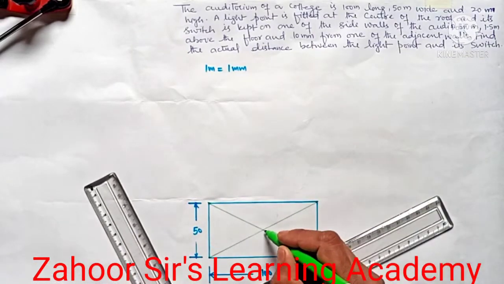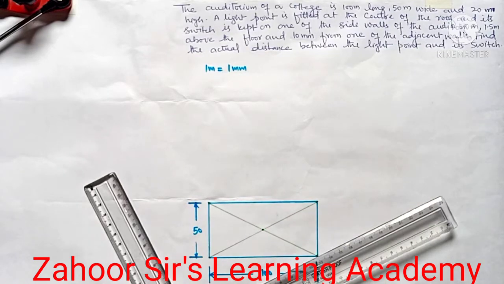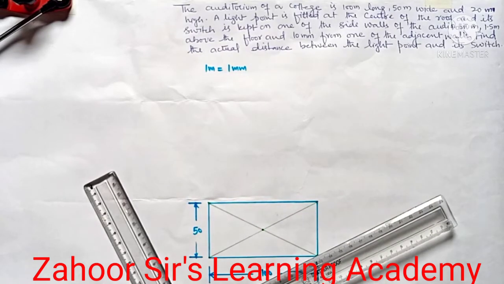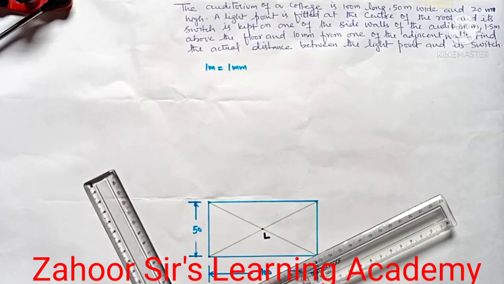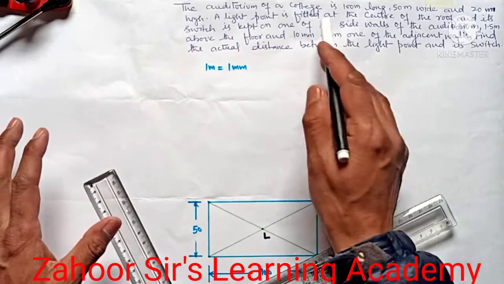By doing that, I know the center of the room. So this is the center of the room. So there is the light. Let's keep that light L in the top view. So we know where the light is. The light is at the center of the room. So this is what was given.